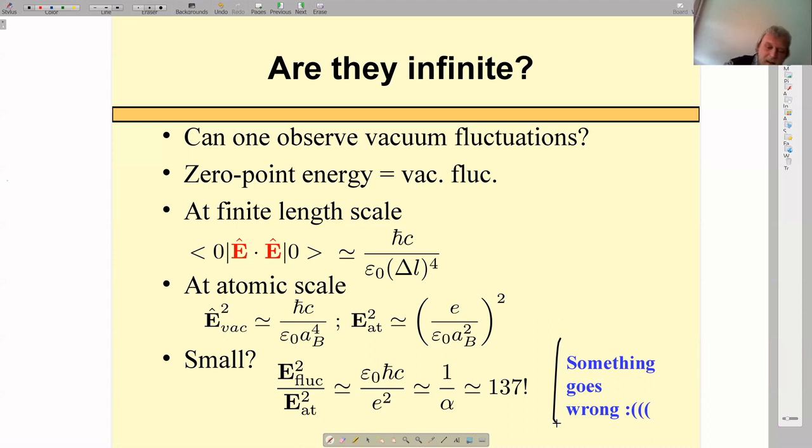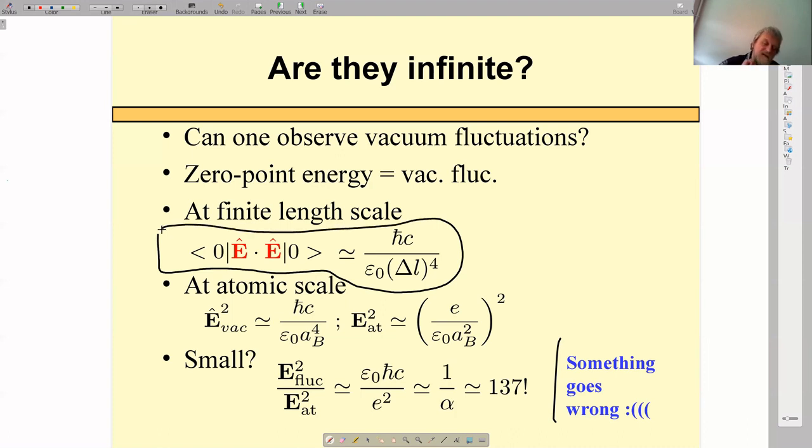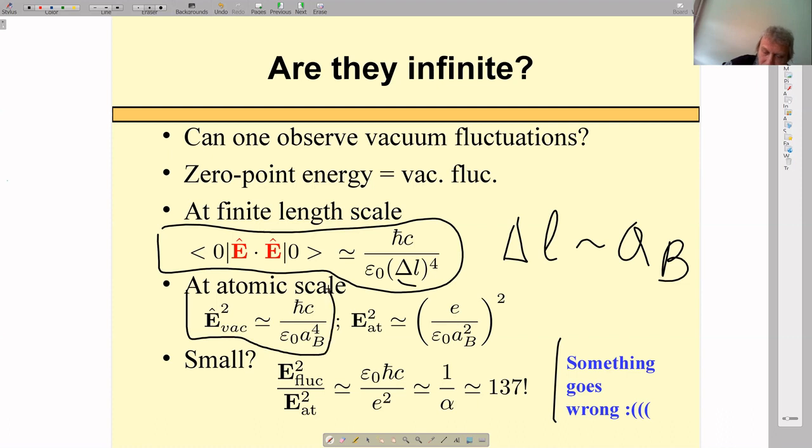Well, we take what we have derived. This gives you vacuum fluctuations at space scale delta L. And we substitute atomic scale. So eventually we replace delta L with the Bohr radius. That's how much we got.